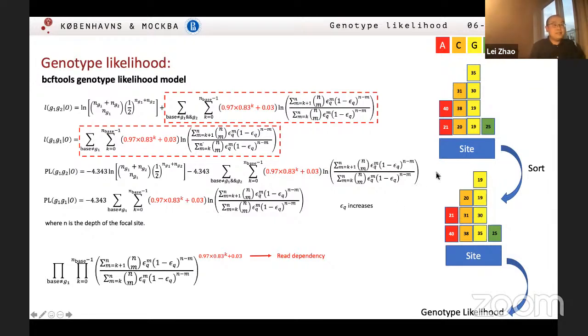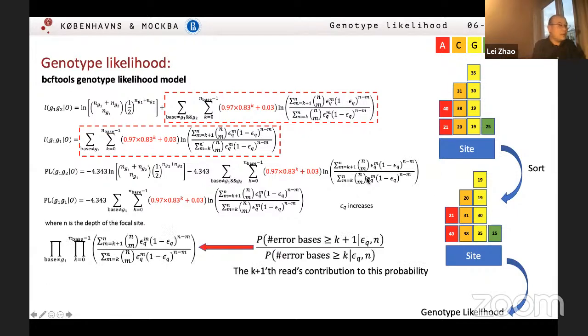And this part is also a read dependent part. I think I showed it in a previous slide.